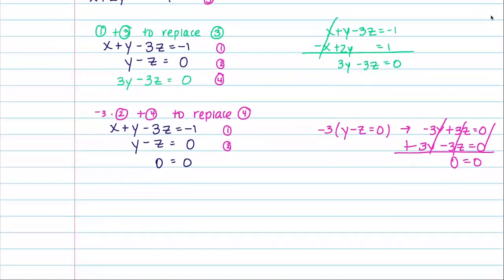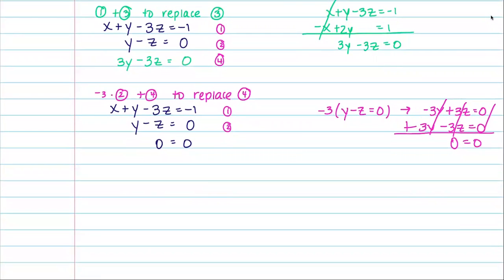There's lots of ways to write this, so just take comfort in knowing that there's more than one correct way to write your answer. One way we can do this is, if I rewrite my equation here, I know that this is the same thing as saying y equals z.